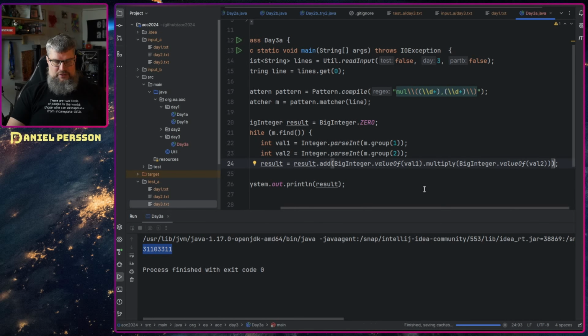So if do is the first one, if group 1 is not null, then we have a boolean here, enable equals true, and then we will do true here.